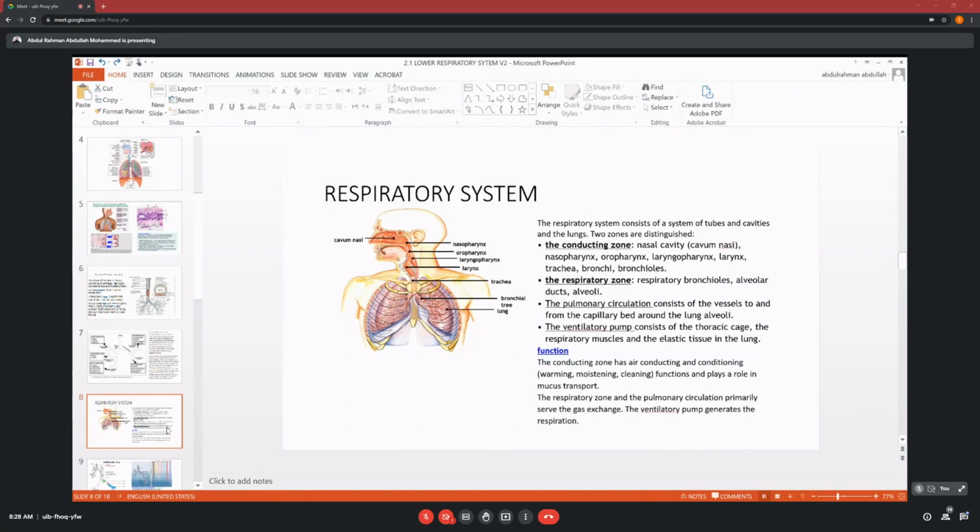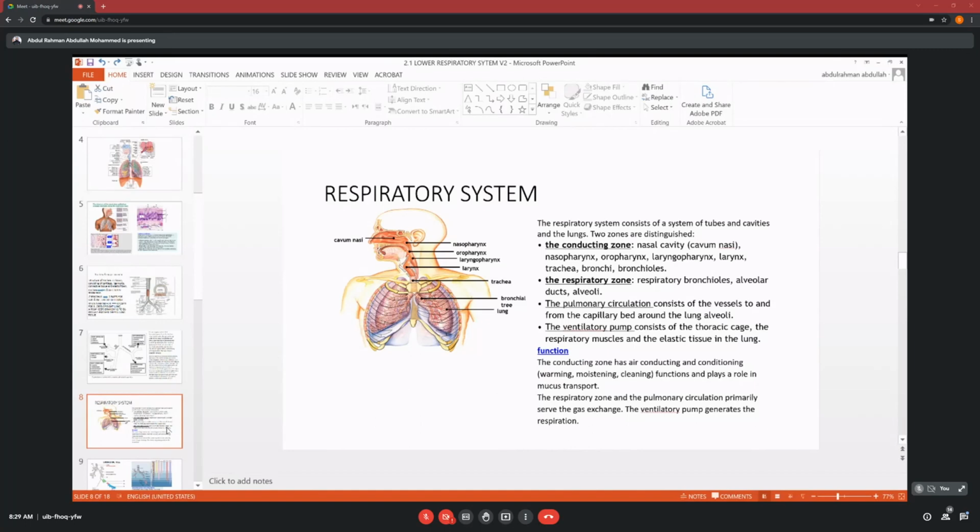And we talk about the elasticity of the lung, which allows the lungs to expand and recoil back. We know that the lung has high elasticity, which allows it to expand and return back by the phenomenon of recoiling.